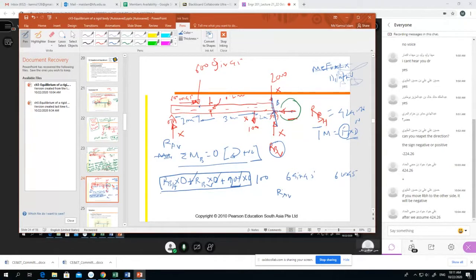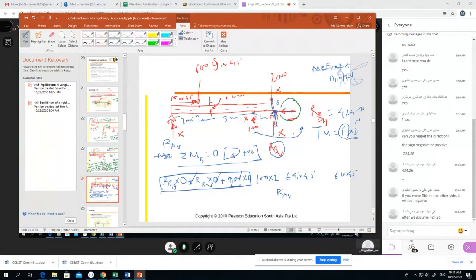Now what do we have? We have 100. What is the distance for the 100? The distance is 2 meter. All right. Now the question is, with respect to point B, is the 100 rotating clockwise or anti-clockwise?